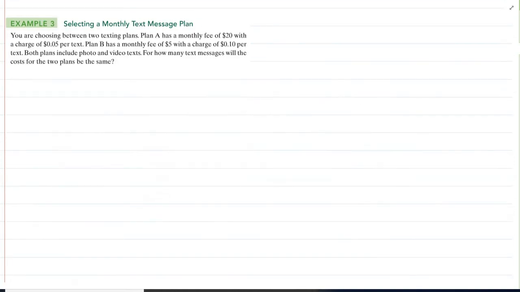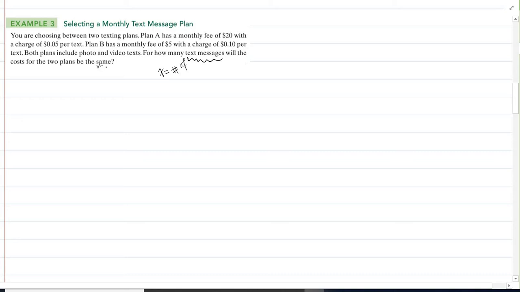Let's look at example 3. I'm going to read the question. Realize this is asking how many text messages. So what I want to do is set this up. I'm going to set x as the number of text messages for which the cost of the two plans will be the same.